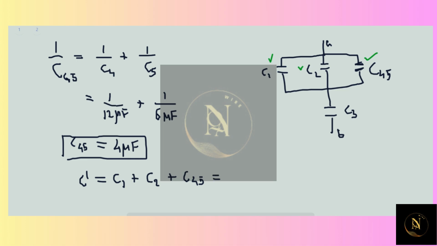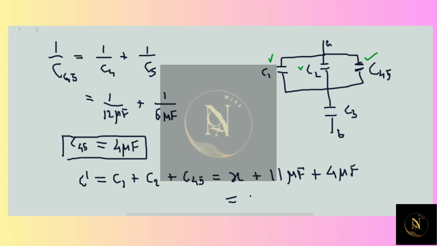If I substitute the values, C1 is the unknown capacitor, let's say this is X, which we are required to find, plus C2 is 11 microfarad and C45 we found to be 4 microfarad.